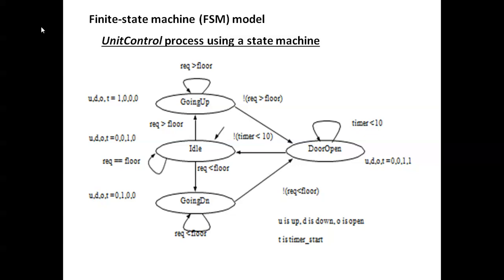Just now we saw the states going up, going down, idle and open. Every state can come back to the same state, and every state can reach another state. The unit control processing of the state machine starts from its state and can move to the other states. When going up and down, the timer will start.